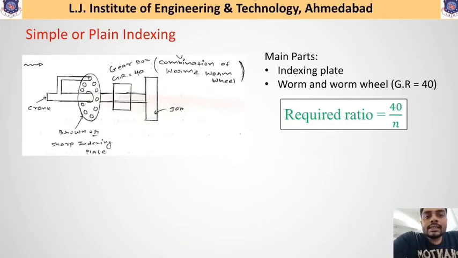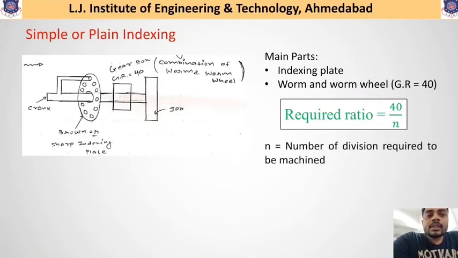To understand this, the small n is nothing but the number of divisions required to be machined. That means if one wants to generate 23 holes on the workpiece, this n is nothing but the required number of slots or divisions on the workpiece.